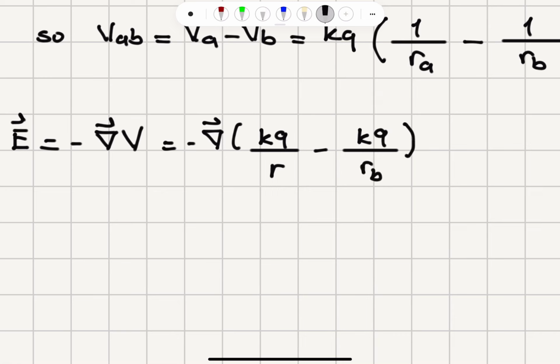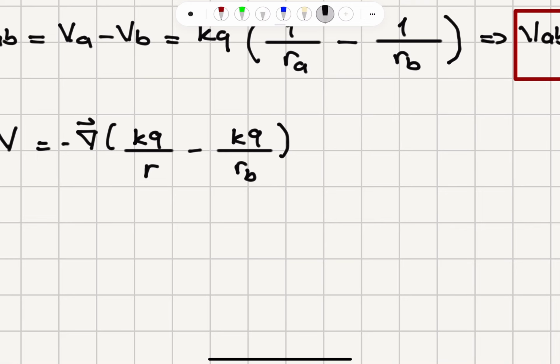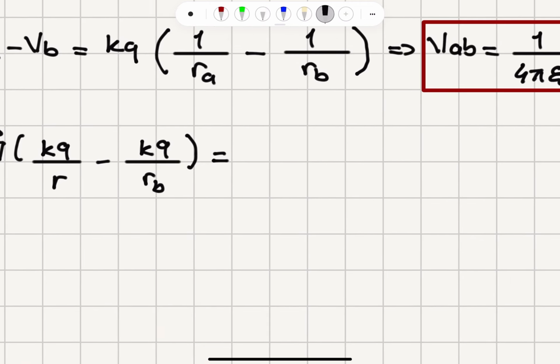This was our potential for r less than or equal to r a. And this is the derivative with respect to radial distance, minus d dr of only the first term, because the second term's derivative already gives us 0. It's a constant. So we have KQ over r in the r hat direction.